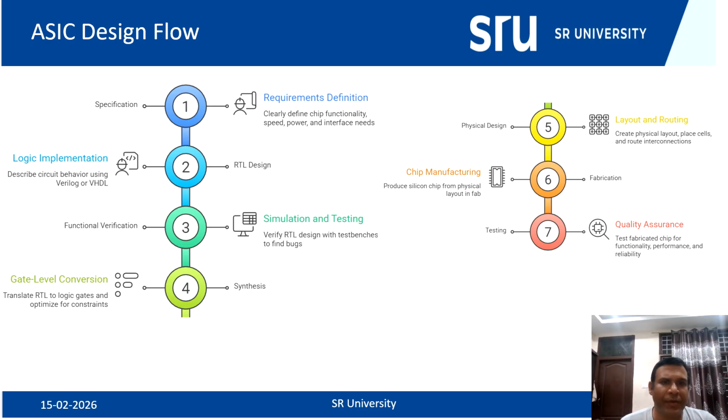This stage ensures that the chip meets the performance and timing requirements while minimizing the area and the power consumption. Now, coming to the next step, which is called fabrication.